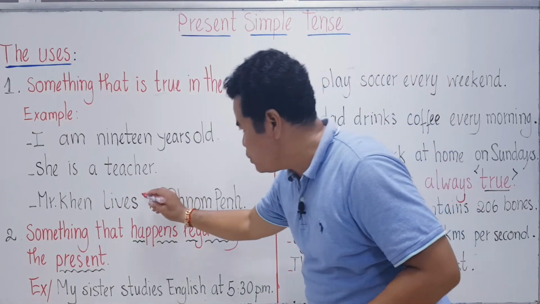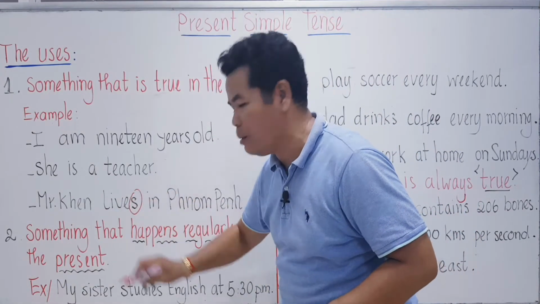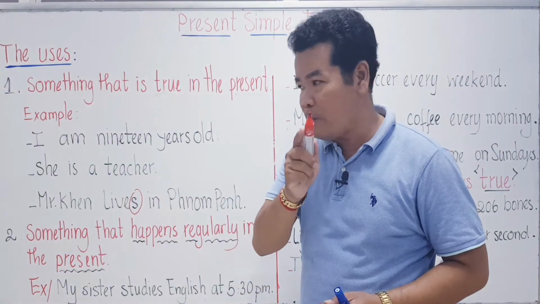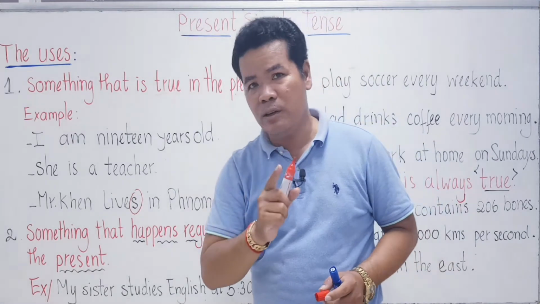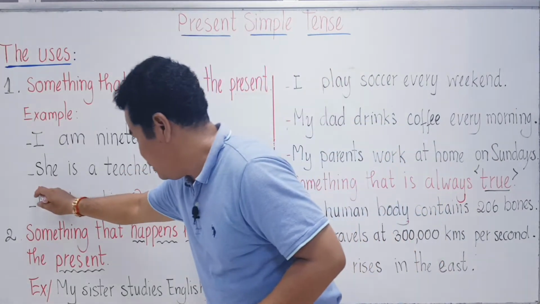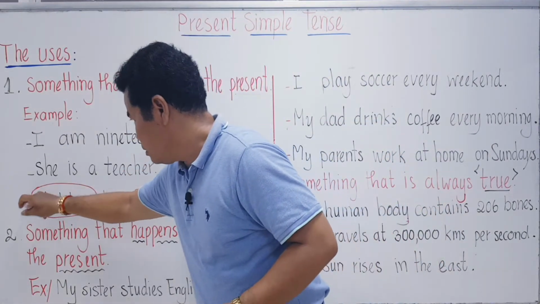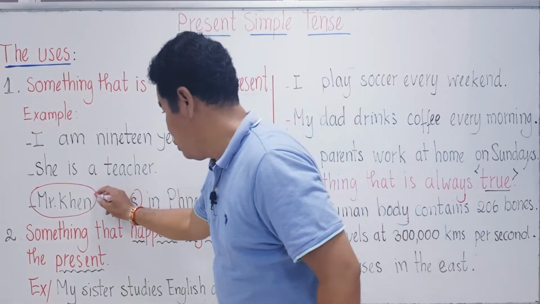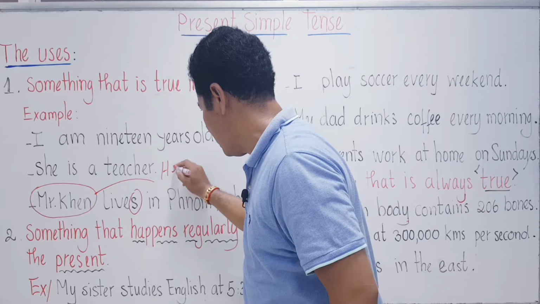Why do we use S at the end of the verb? Because I told you to remember about the third person singular. Mr. Kane is a man, is one person. So you use he as a subject.